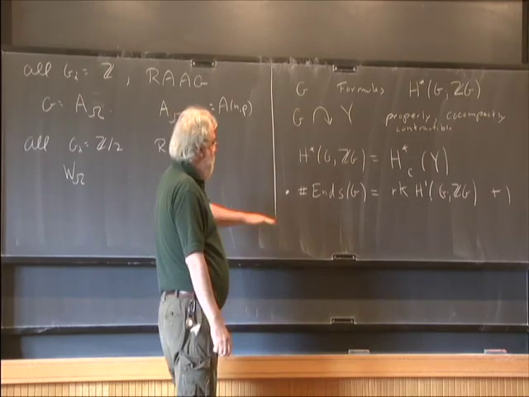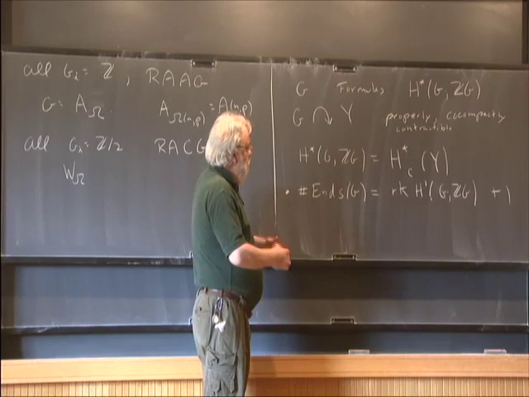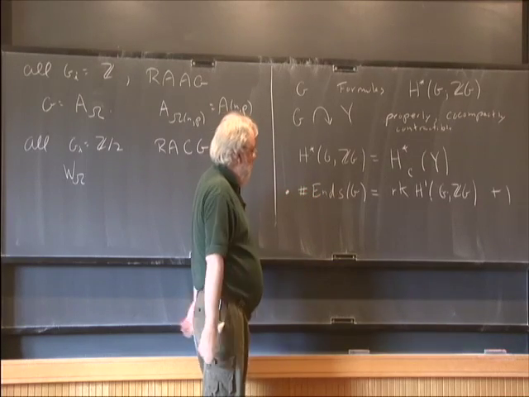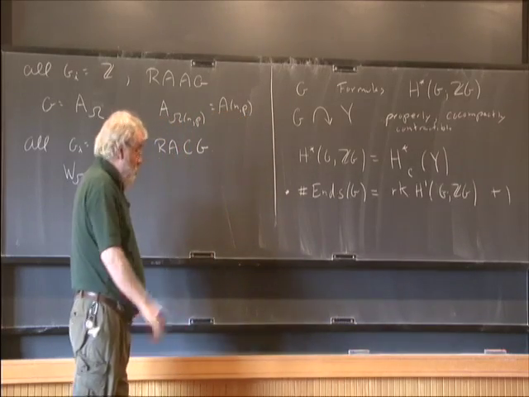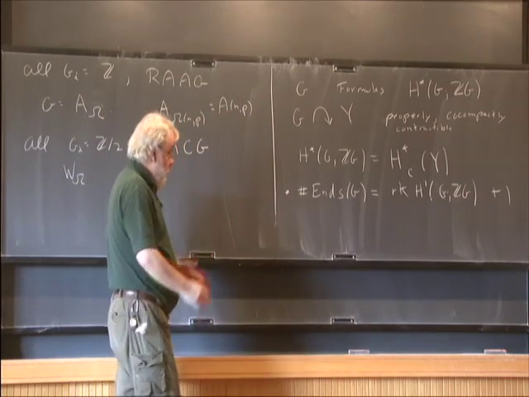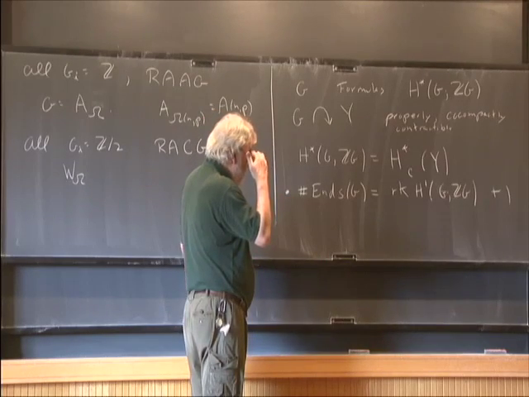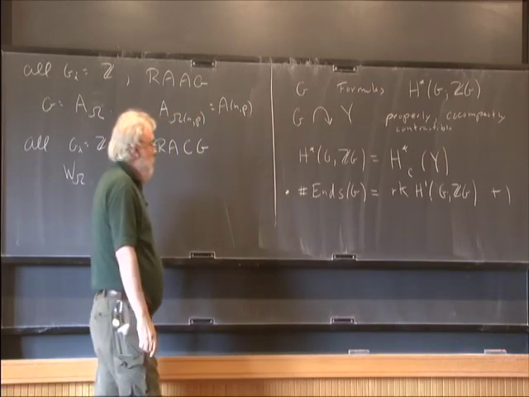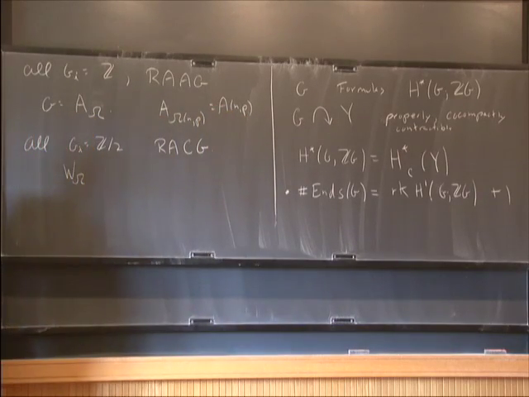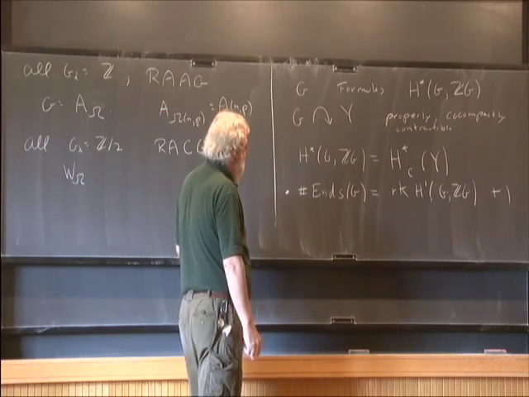The number of ends, another way to say that is you look at the Cayley graph and you look at complements of compact subsets, and you see how many components you have and how many components persist as you take larger and larger compact subsets, the inverse limit. And the famous theorem is a group has either 0, 1, 2, or infinitely many ends.